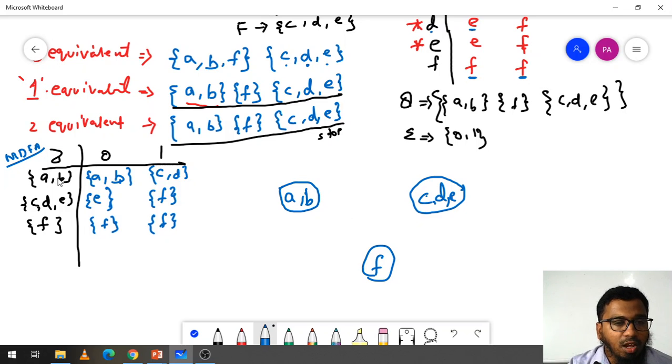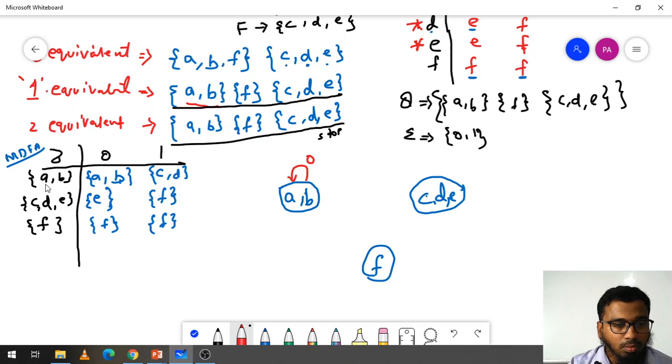Let's take A, B on 0, where is it going? It is going to A, B only when the input is 0.